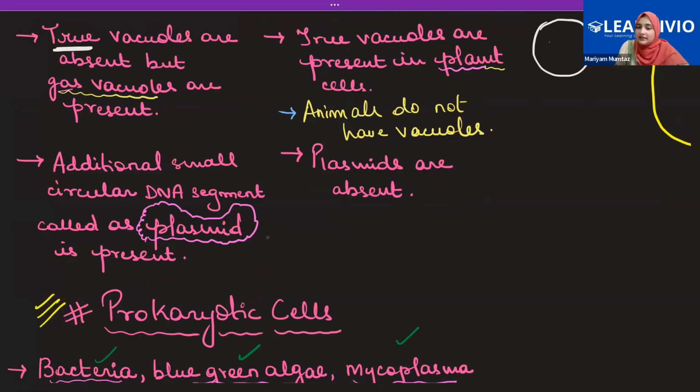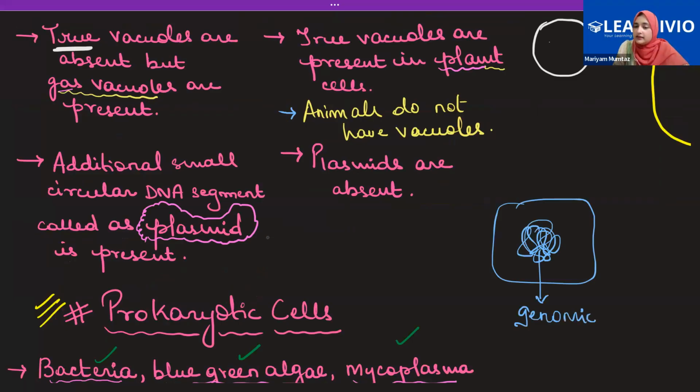And lastly, there comes the plasmid. See, if this is a cell, the main DNA that is present is called the genomic DNA. But apart from the genomic DNA, they have a circular extra-chromosomal DNA segment, which is called a plasmid. This property is only found in the prokaryotes and not in the eukaryotes.